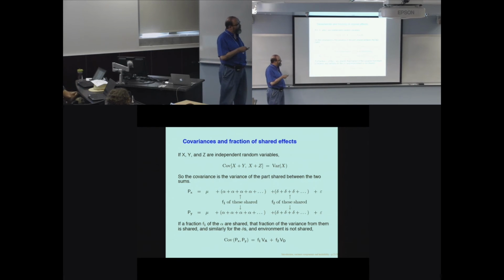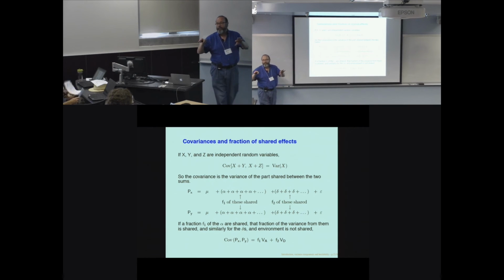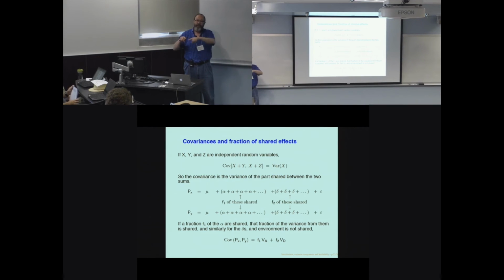Similarly, the deltas will be shared when both of the genes in one individual are identical by descent to both genes in the other. Now, in parent-offspring pairs, that won't happen because one of the genes is identical. The other one just was drawn from the population at random.